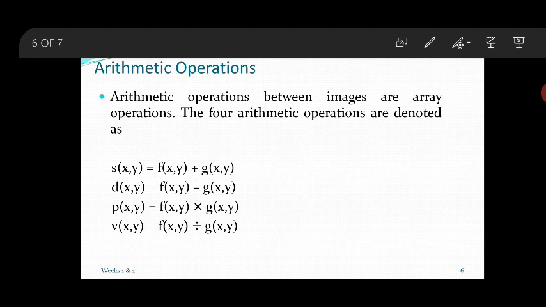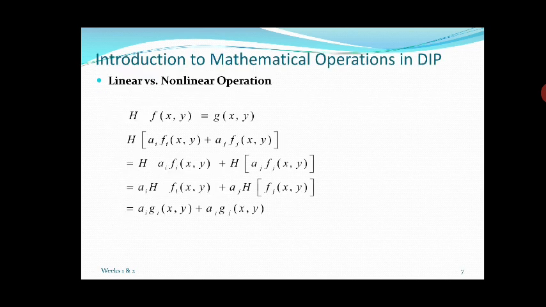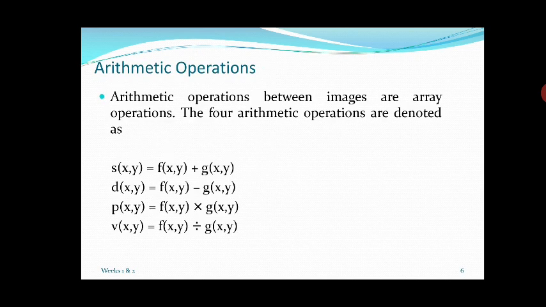Division is also used during averaging. These are the various operations to be carried out on an image. F is considered an image, and g is considered an image. These are the operations happening on digital images, which are arranged in the form of rows and columns.